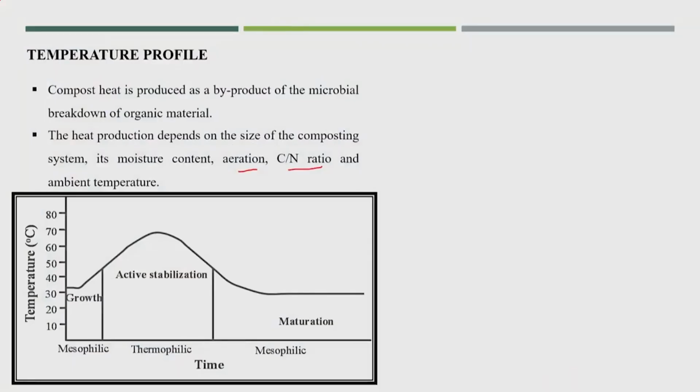So, this is the temperature profile normally in the composting process. It starts from the mesophilic phase, where initially the microbes start to be there and stabilize in the initial condition. So, there will not be much change in the temperature, and followed by it a log curve will come up where temperature will increase.